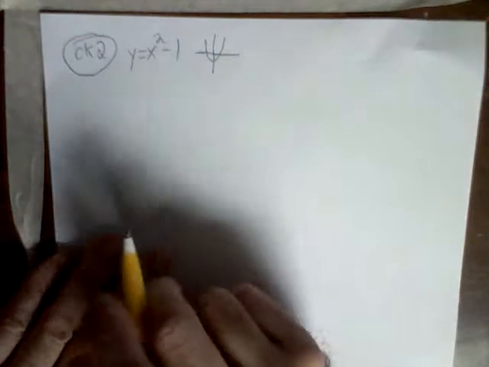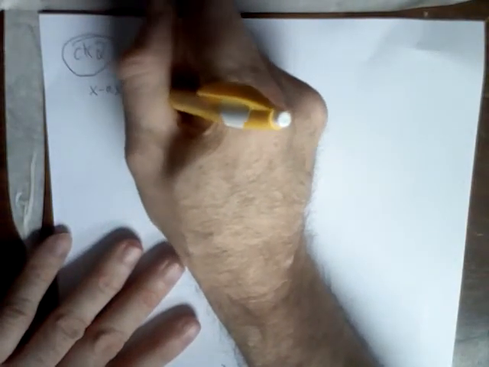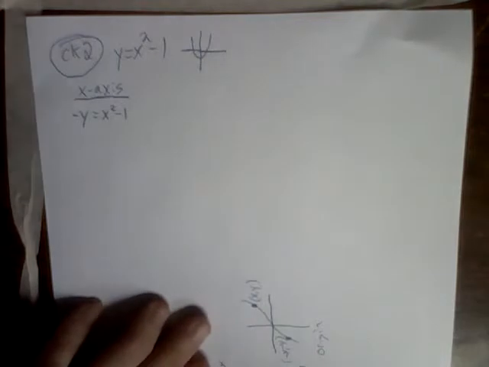But let's go through the motions, so to speak. First, for x-axis symmetry, you replace y with negative y and see if you end up with the same equation. So I'm replacing y with negative y, and then trying to turn it into this guy here somehow. Is it possible? It's not.